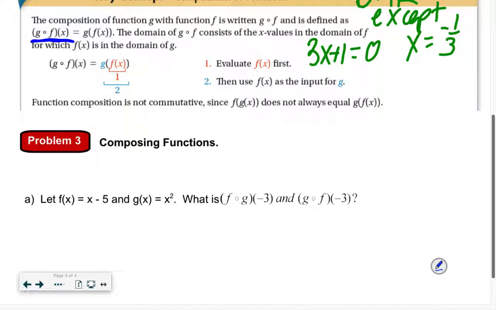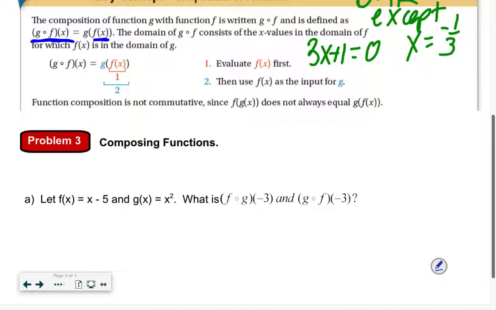So g of f of x, what that means, take your one closest to your x, and you have to do that one first. Okay, so you'll notice it says do your f of x first, and then with the answer you get in your f of x, you do your g of x. Okay, so you do your one function, take your answer and plug it into the other function.